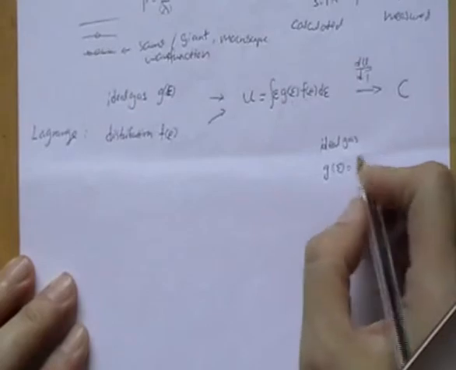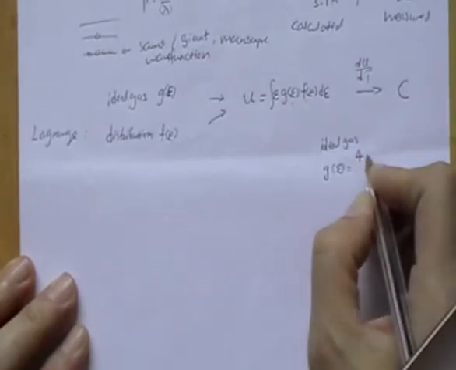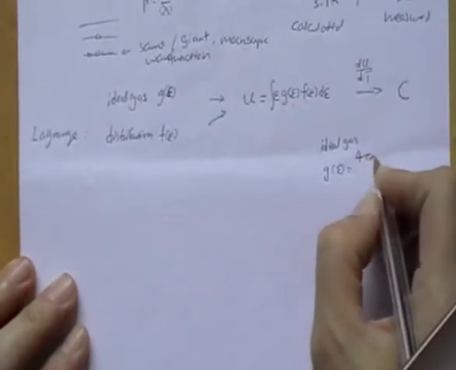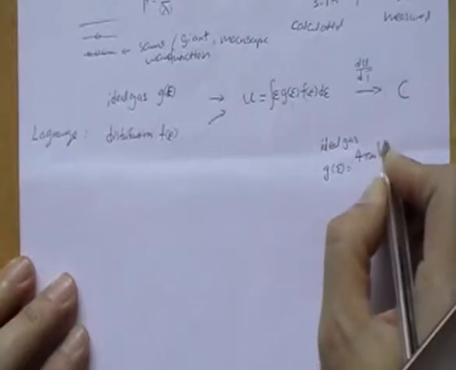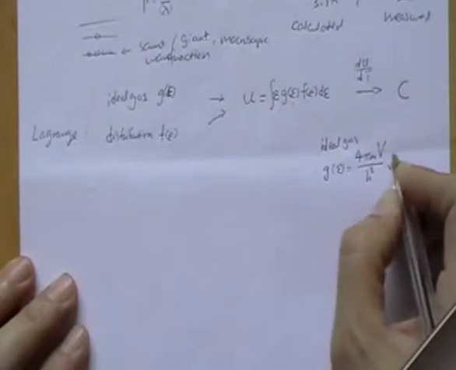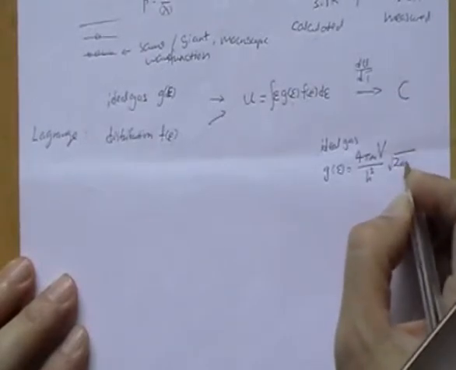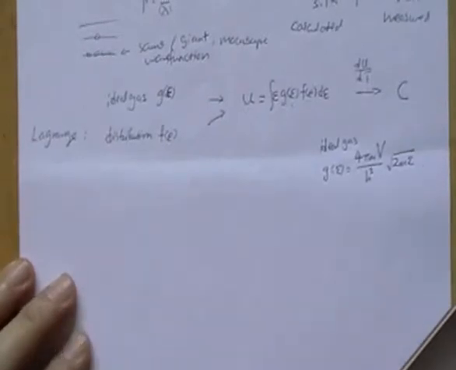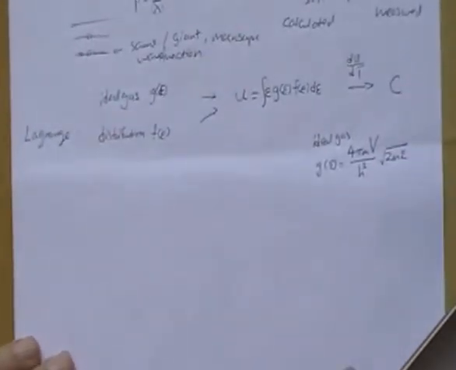That is G(E) is given by, let's see if I can remember it, 4 pi m V for volume divided by h cubed, and that's times the square root of 2 m E. Okay, I hope that's correct, but please check your notes.